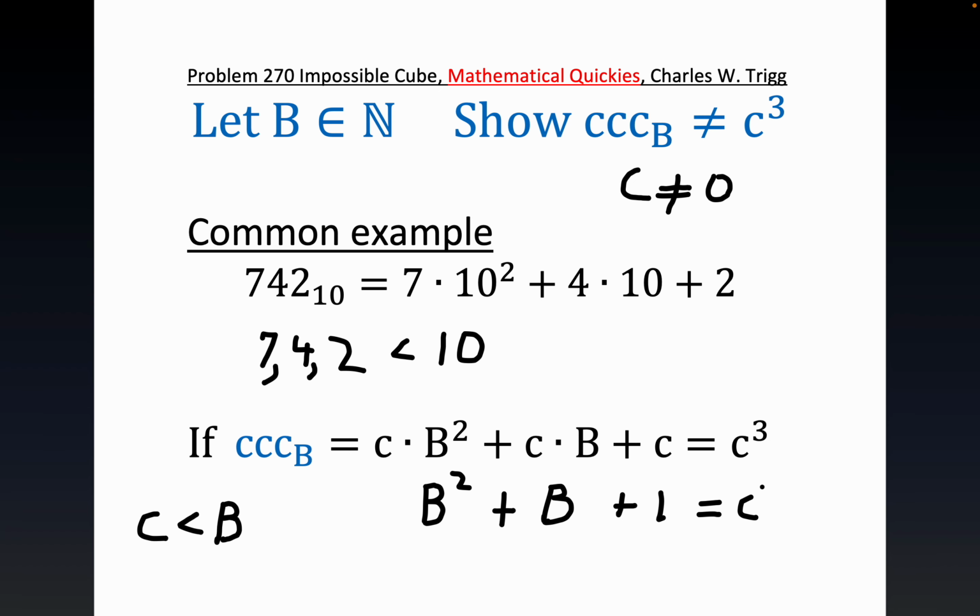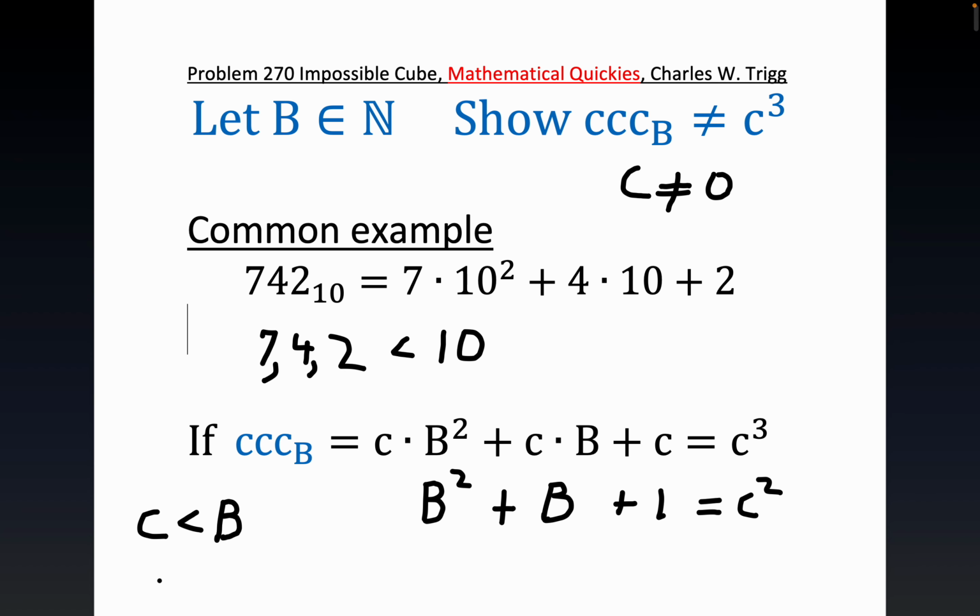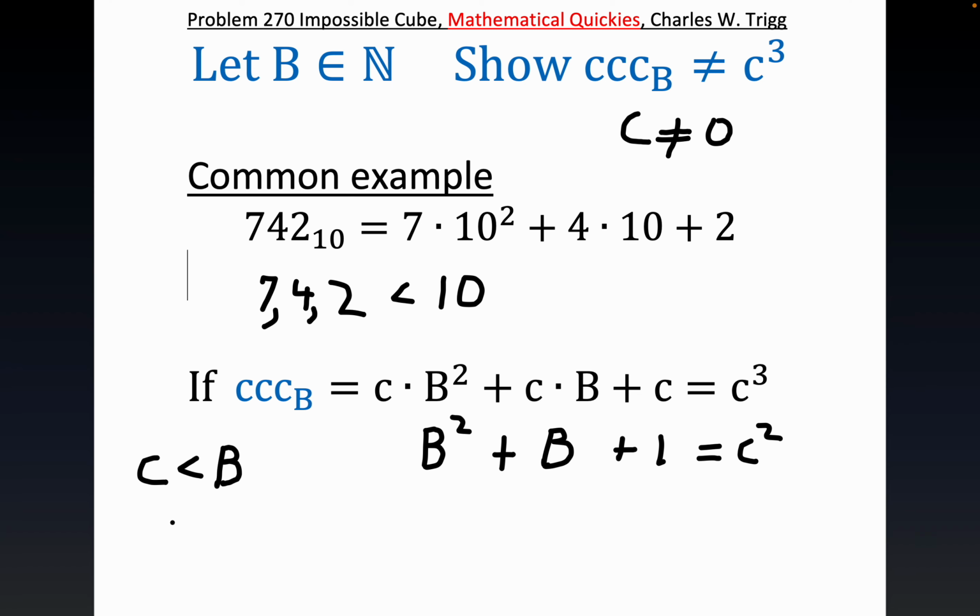We have an equality here, but we also know that c is less than b, but that would mean that c squared is less than b squared, right? If this is true, c squared is certainly less than b squared.